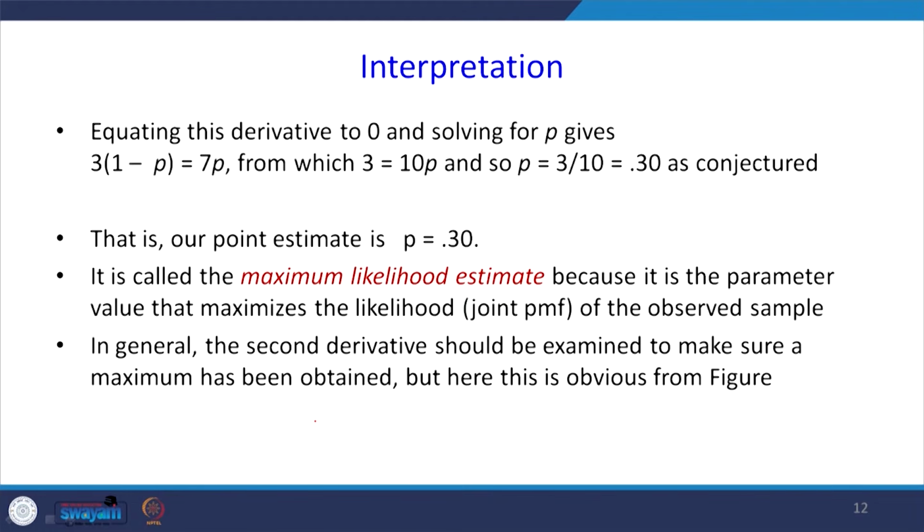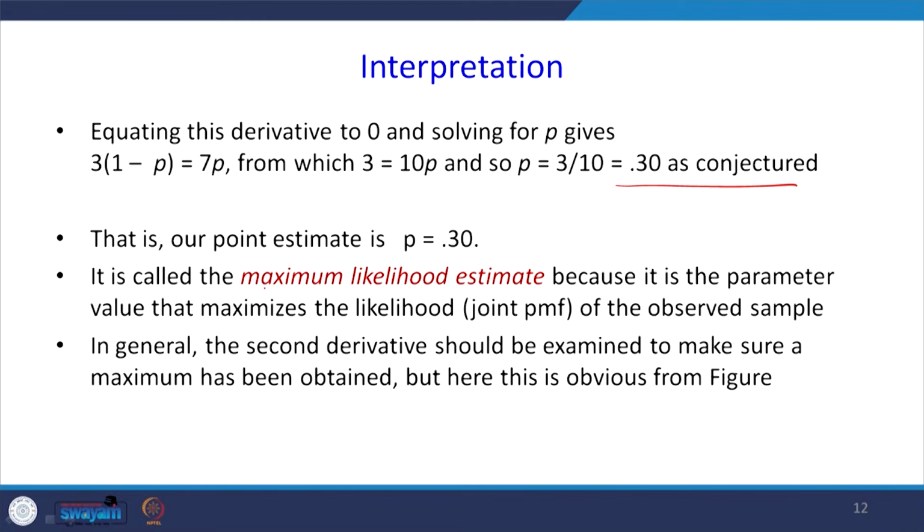Equating this derivative to 0 and solving for p gives 3 into (1 minus p) equal to 7p. So, 3 equal to 10p, so p equal to 0.3. Now, what is happening? Previously we substituted different values, now using the concept of maxima, we have realized that when p equal to 0.3, the function gets maximized.